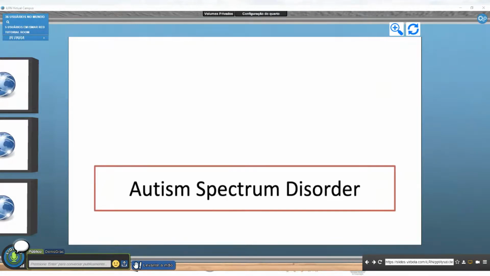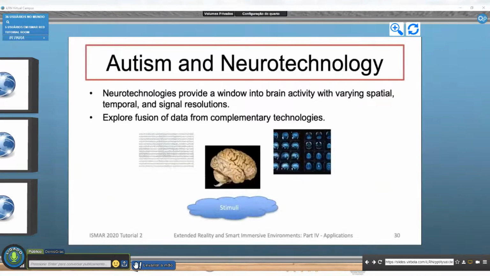And the idea was how we can use this approach to integrate fairly complex physiological data with body tracking, or position tracking, I should say, and with that provide specific stimuli for, in this particular case, adolescents that are on the autism spectrum.